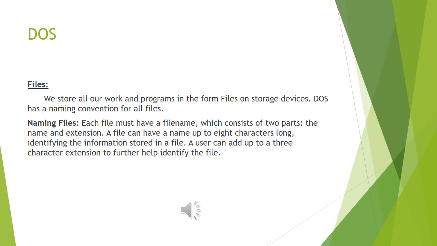A file can have a name up to 8 characters long, identifying the information stored in the file, and it's up to you what name you save it with. A user can add up to a 3-character extension to further help identify the file.